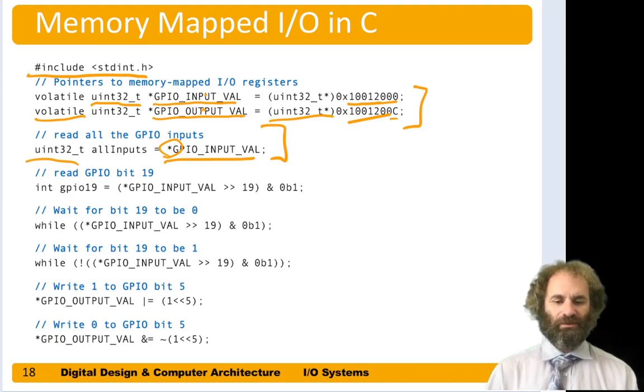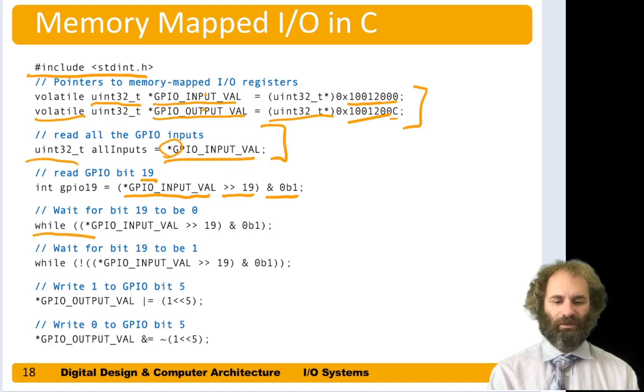Suppose in particular we wanted to know the value of bit 19 of the GPIO. So of that 32-bit register, we need to extract bit 19. We can do that by first getting the entire 32 bits, then we can shift it right by 19, and AND it with a 1. And that will leave us either a 0 or a 1 with the value of the 19th bit of GPIO. Let's say we wanted to wait for that bit to become 0.